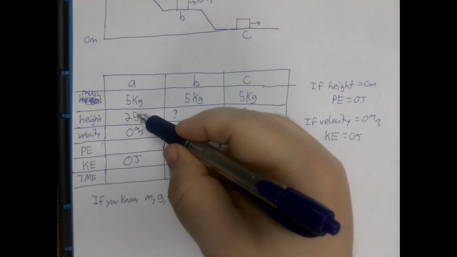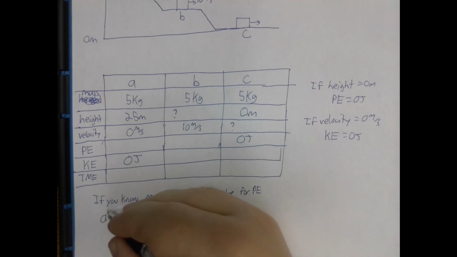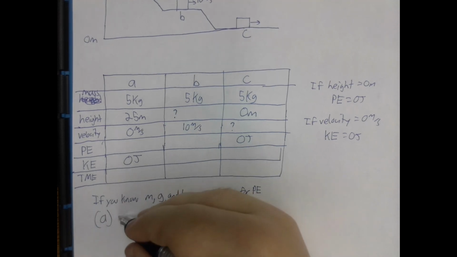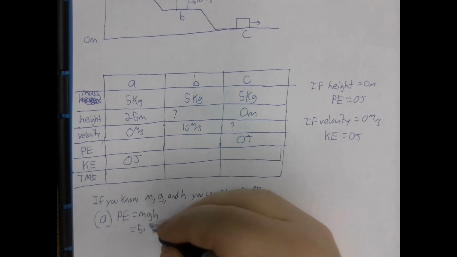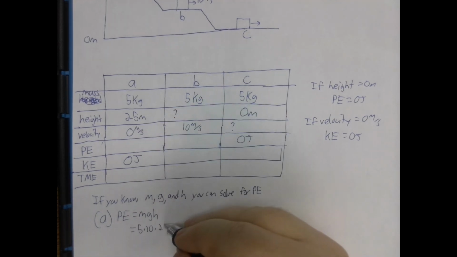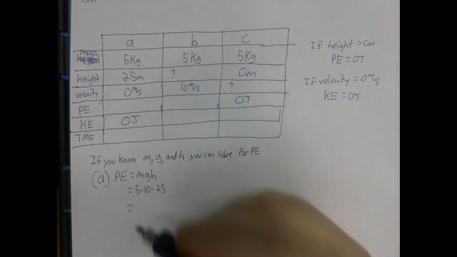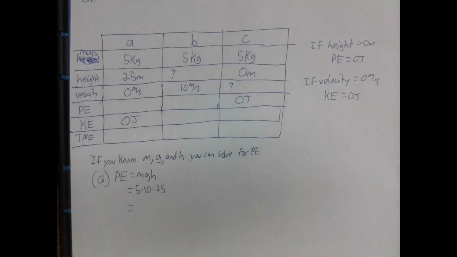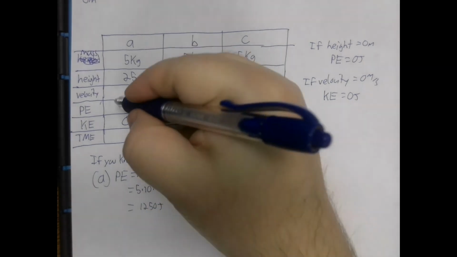We have a height, we have a mass, and we know G. So A's potential energy is equal to mgh. That'd be 5 times G, which is 10, and its height is 25. That is 1250 joules. So we can plug it in.